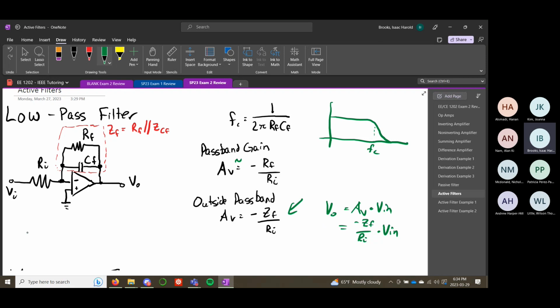So for example, say that we're given a signal. Let's say that the cutoff frequency is 377 radians per second. That's our cutoff frequency, and this is a low pass filter. If we were operating at 37.7 radians per second, what is the gain?